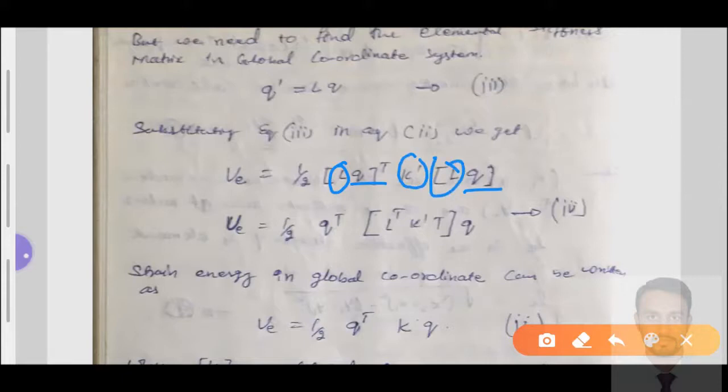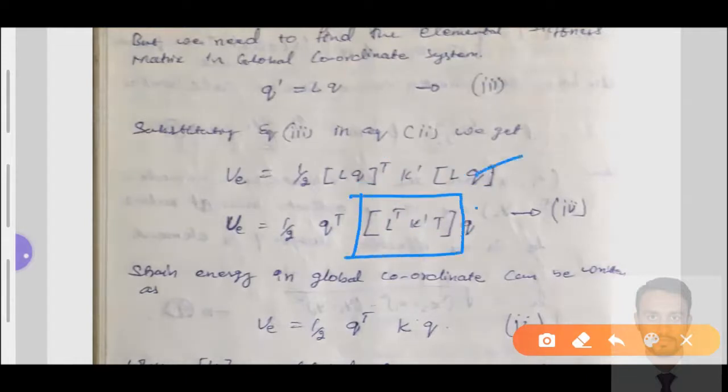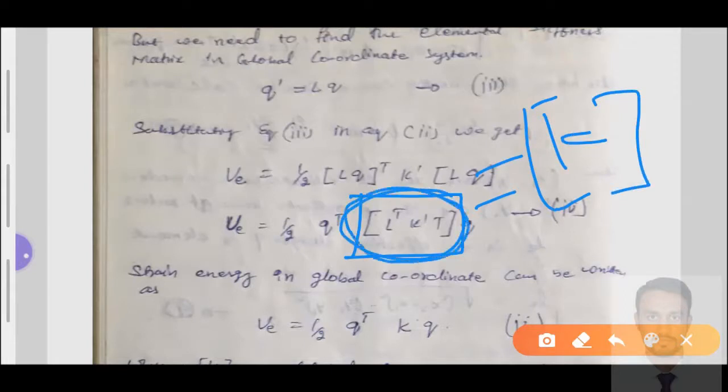I will take L transpose matrix inside with the matrix K dash T, and the displacement separately. This matrix is equal to the elemental stiffness matrix for a truss element. We just need to rearrange to find this value.